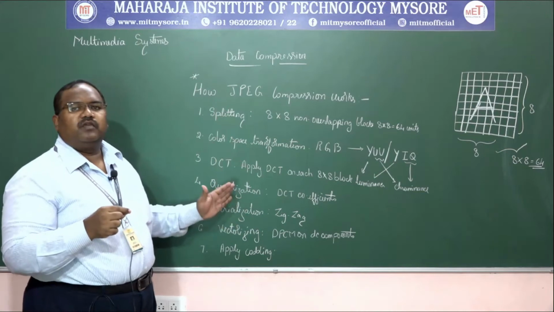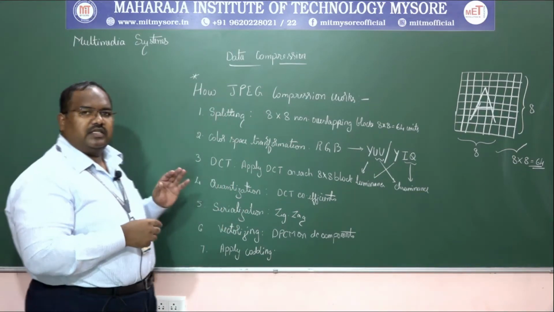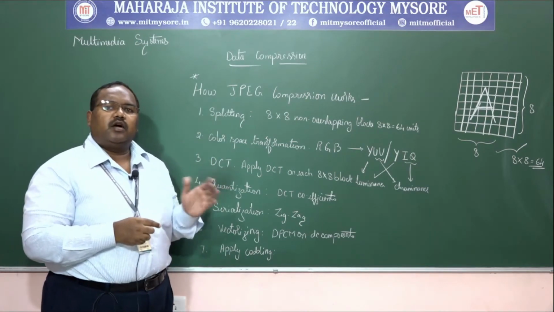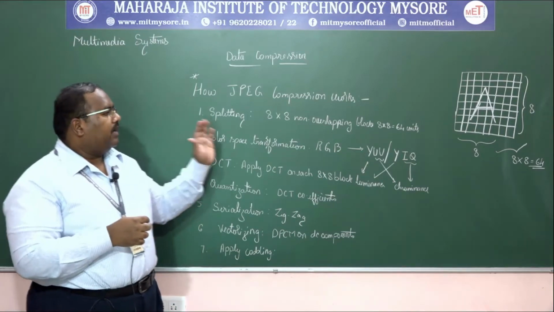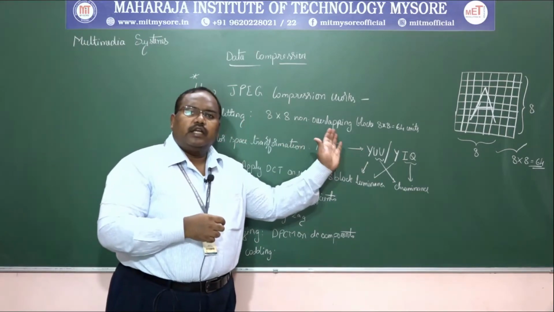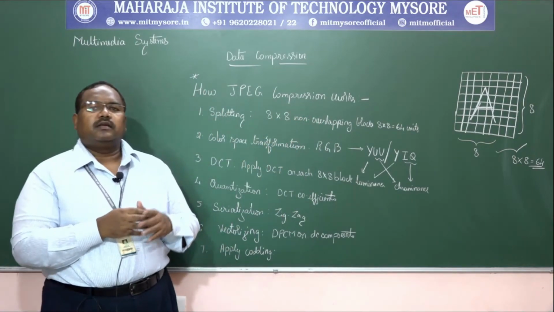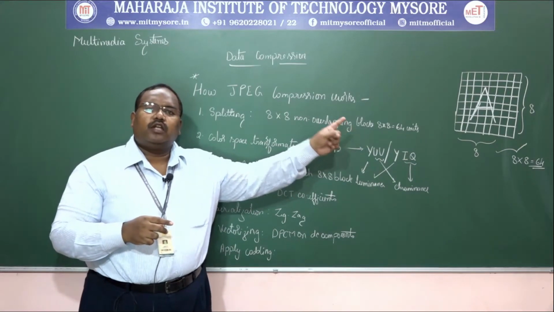I'll recall this before going into the practical demonstration. Look at this. The first step, we are splitting. What are we splitting? We are taking the raw image and converting it into digitized form, where the image is split into 8 cross 8 non-overlapping blocks, means there are a total of 64 units.